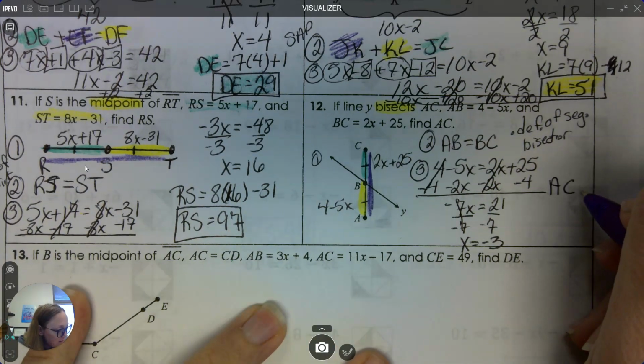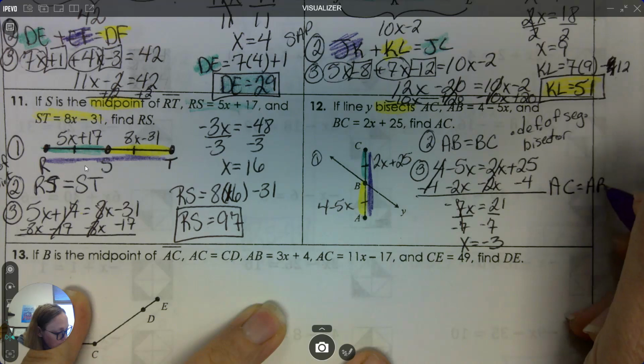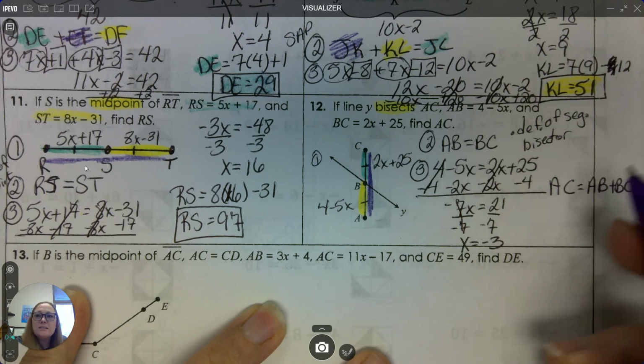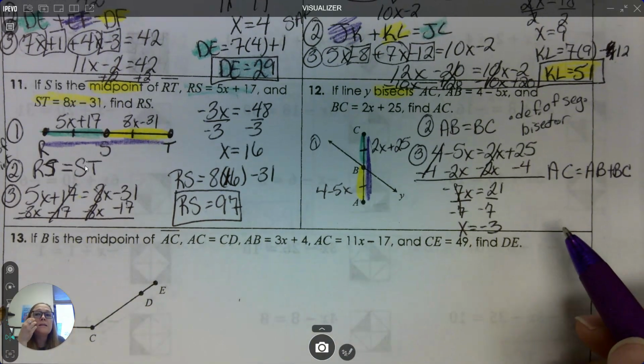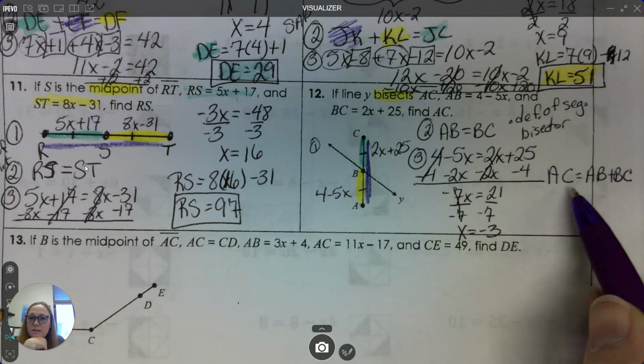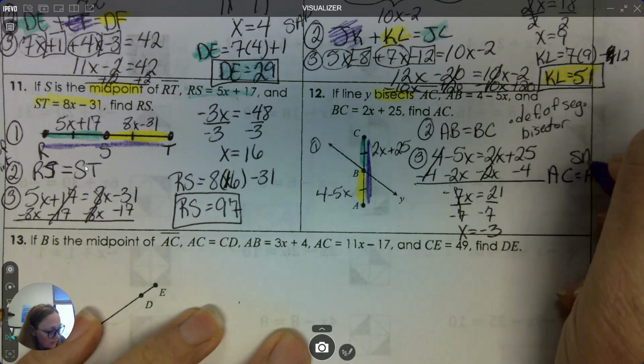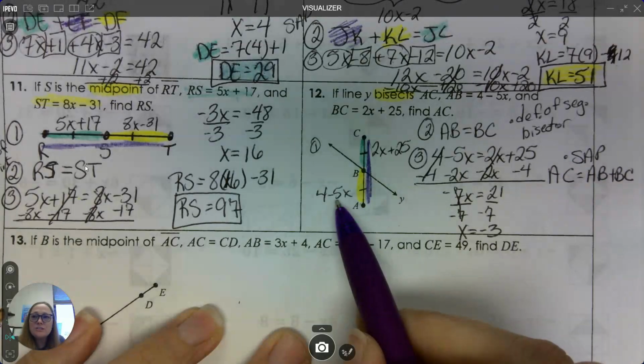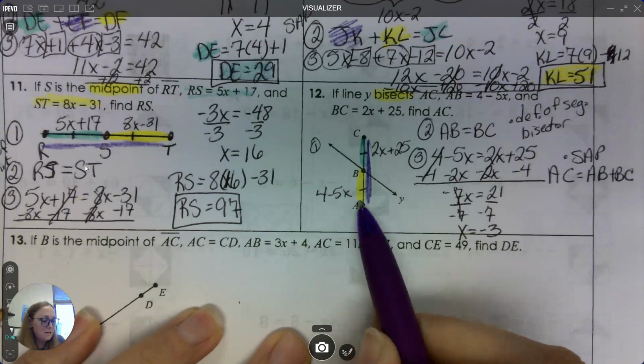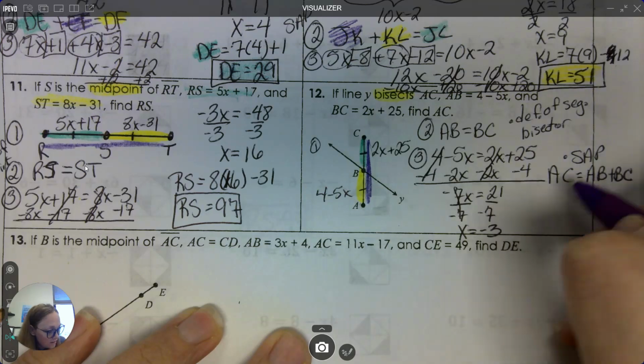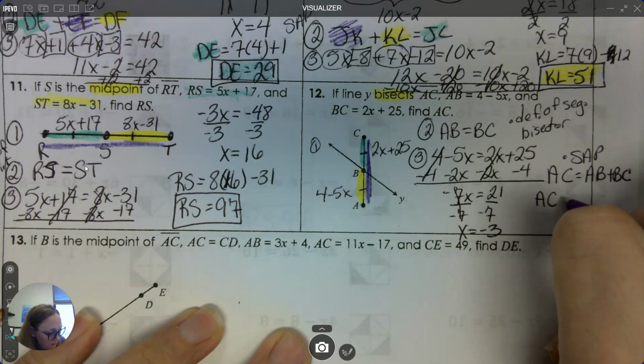So I know AC is AB plus BC. And since these are our beginning lessons, I'm going to go ahead and use this segment addition postulate. Some of you might have already figured out I just need to find this length and then double it because it's the same. It's up to you on how confident you are.